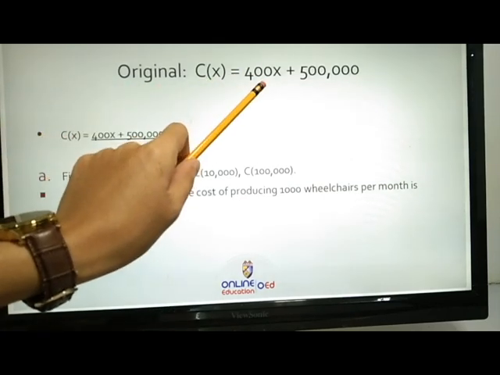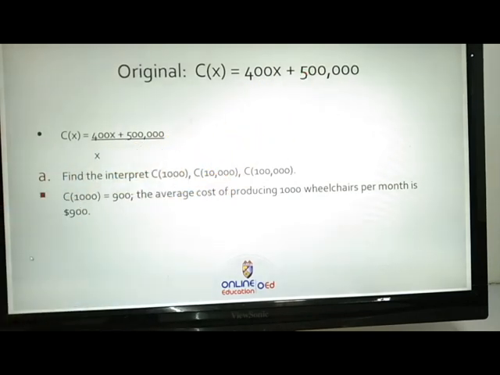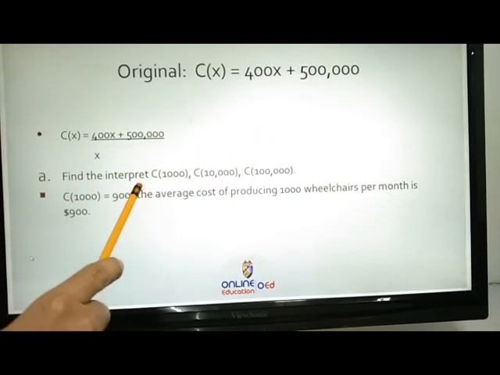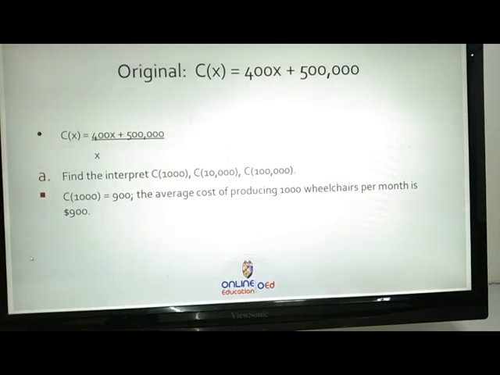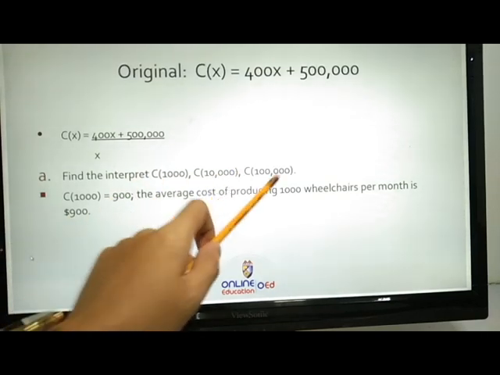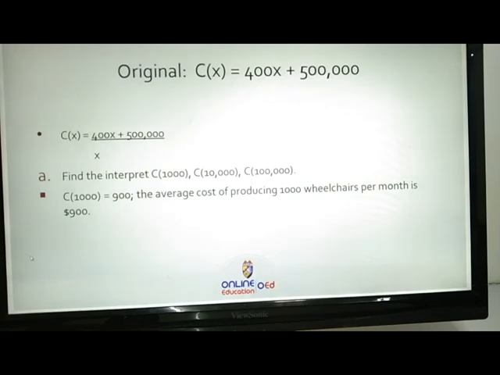original cost was 400x plus 500,000. Okay, so find and interpret. Okay, so we have if x is 1,000, if x is 10,000, and if x is 100,000. Okay, if x is 1,000, then the resulting value would be 900.